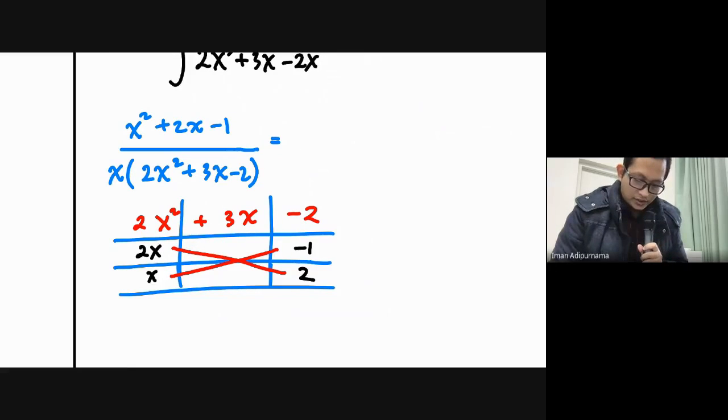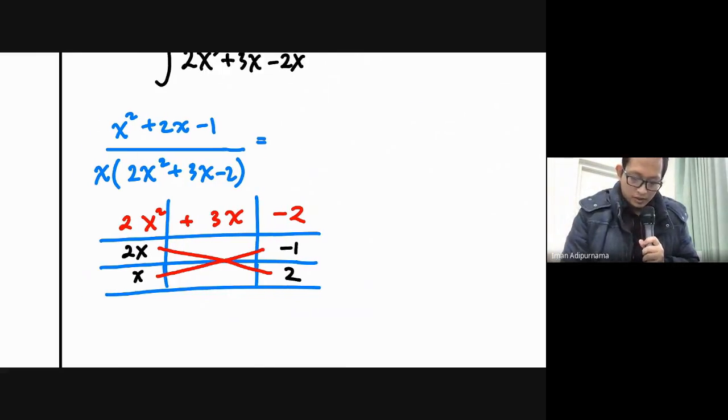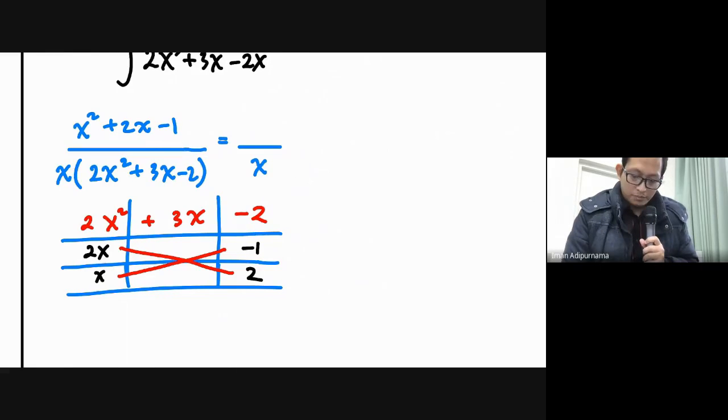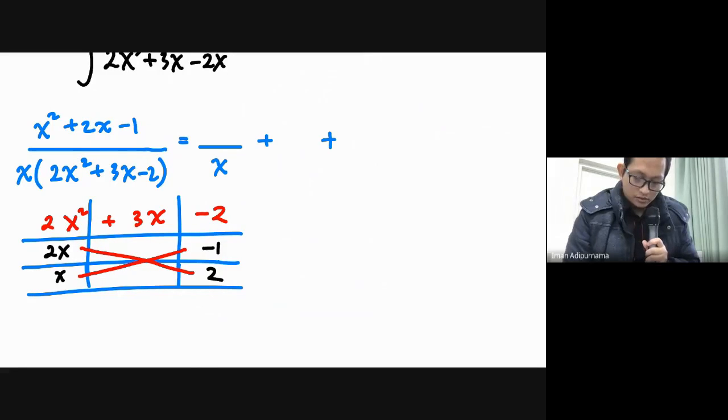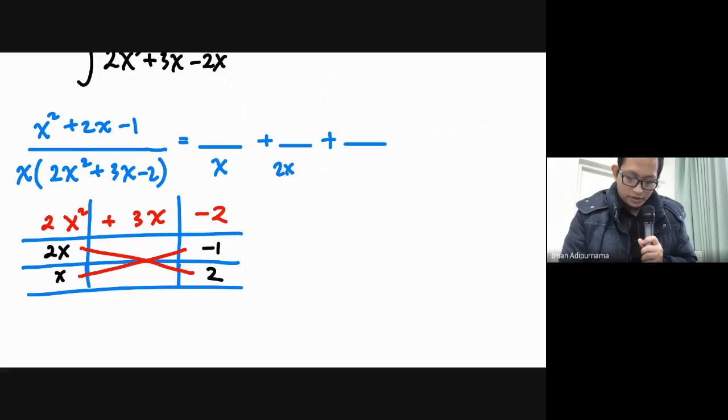So I can write this and make it, let's say, I'm separating into 3 parts. The first part is x, the second part is 2x minus 1, and the third part is x plus 2.